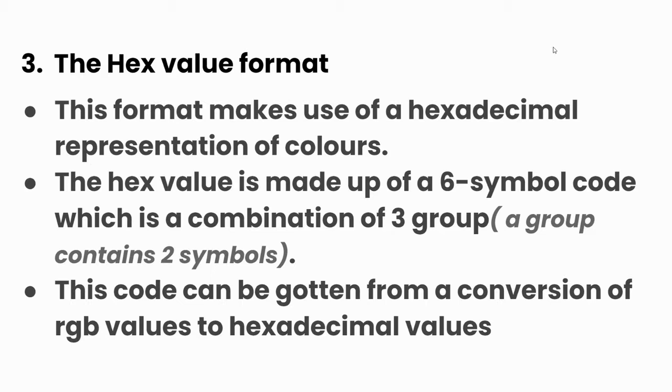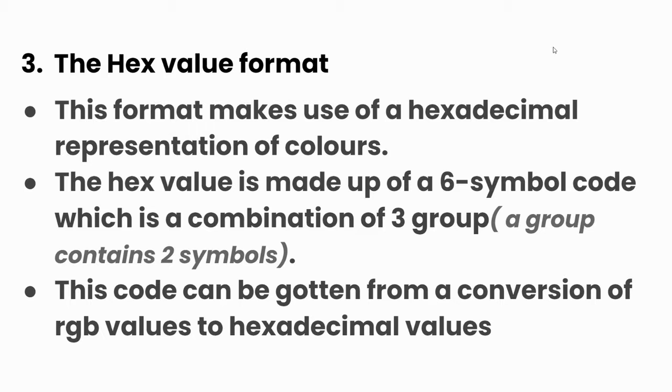That means six different symbols ranging from alphabets and numbers. And it's also a combination of three groups. So within these six symbols, there are three groups. A group has two symbols. So the first two hex values connote one group, the next two another group, the next two another group. That makes it three groups of values and altogether a six symbol code.